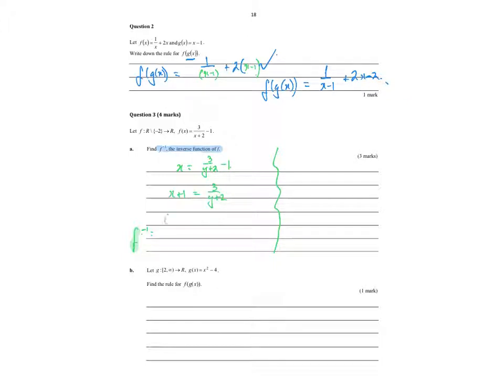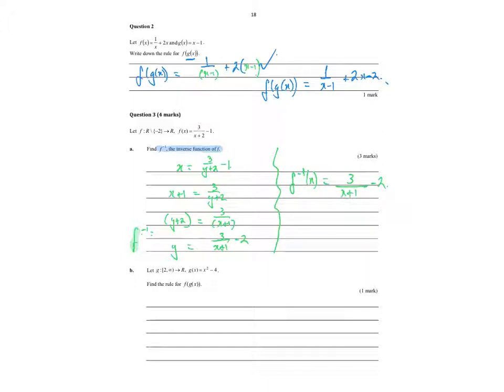Bring the y plus 2 over here. Take the x plus 1 back onto the other side. y equals 3 over x plus 1 minus 2. So there's my y equals. So let's just write it in the form we need to. f inverse of x is equal to 3 over x plus 1 minus 2.